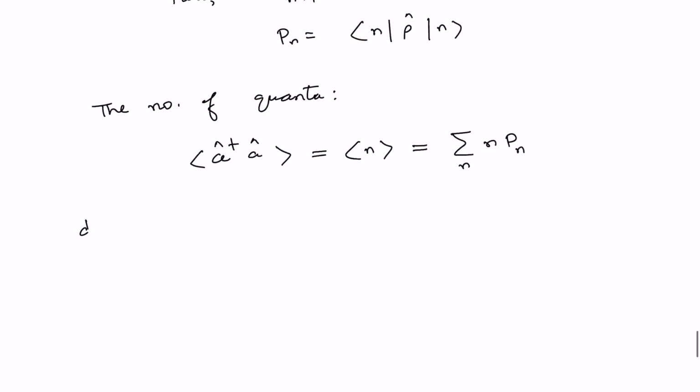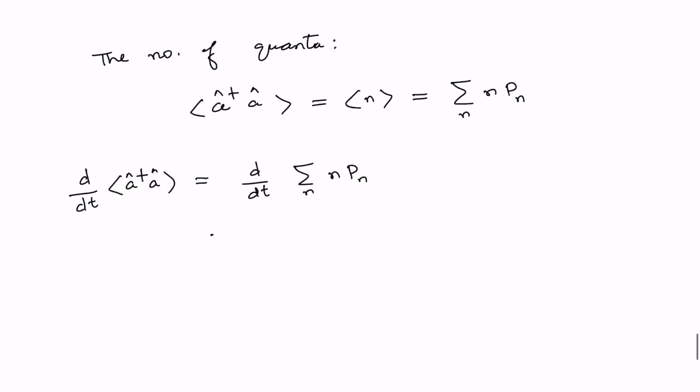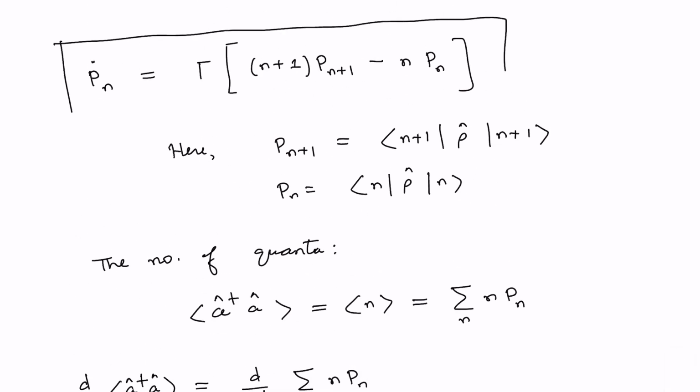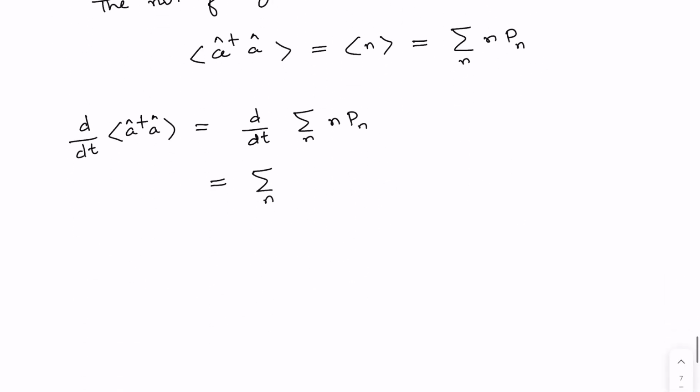Now we are interested in knowing the time rate of change of this number of quanta, that means d/dt of a† a. This is equal to d/dt of sum n p_n, and this p_n dot we have already worked out, so let me just put that result. p_n dot is this expression we have, so let us put that here, and that's going to give us the sum with n going from 0 to infinity.